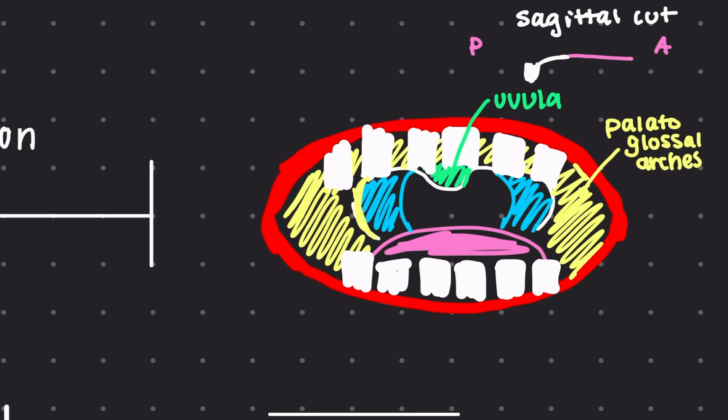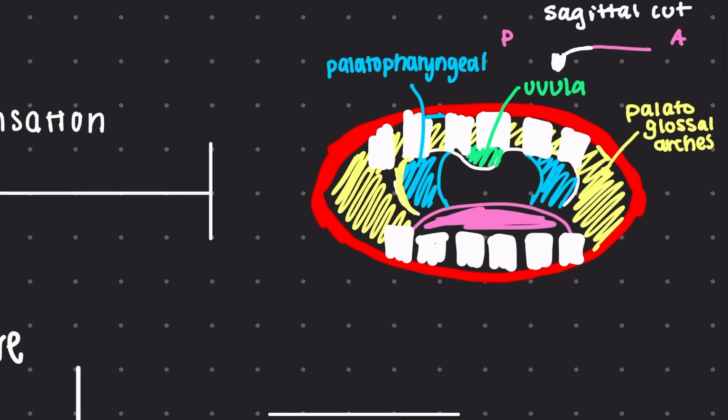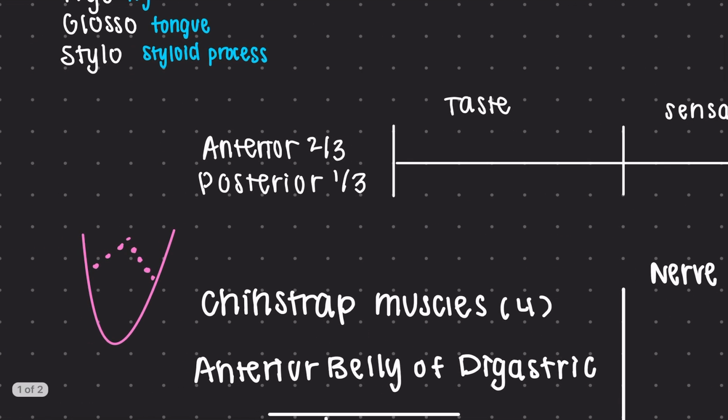And then deep to that, or more posterior, you would have the palatopharyngeal arches. And you know that's palatopharyngeal because it's between the palate, which is this upper region, and then the pharynx, which is back here. So now that we've established that, we can go on to talking about the tongue.